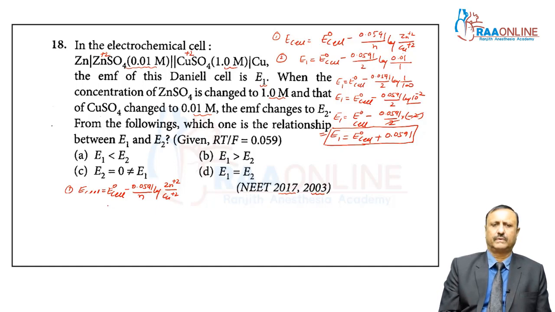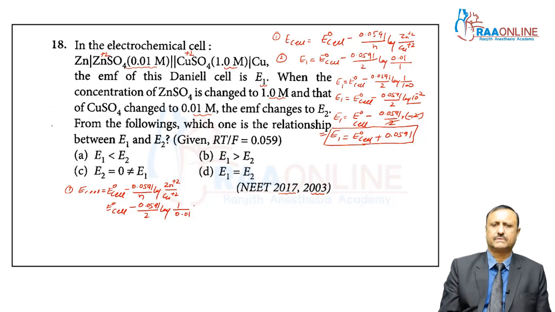E2 equals E naught cell minus 0.059 upon 2 log. Here you can see the concentration of ZnSO4 is changed to 1 molar, and here this is 0.01 molar.